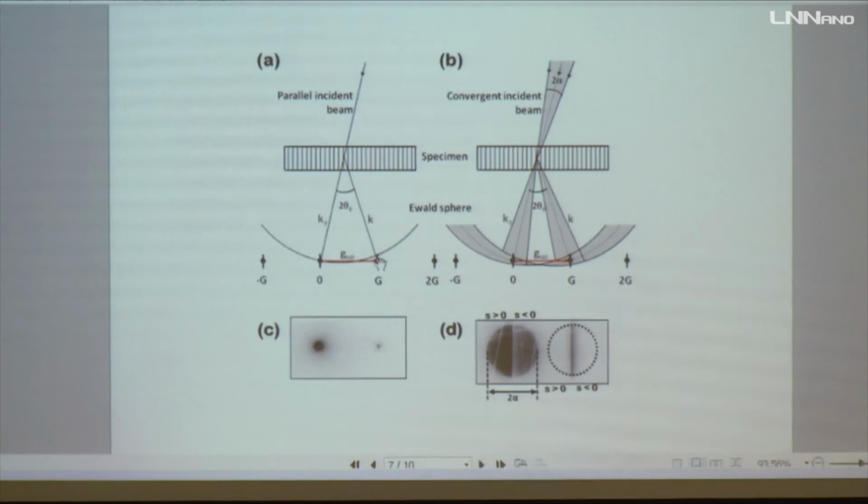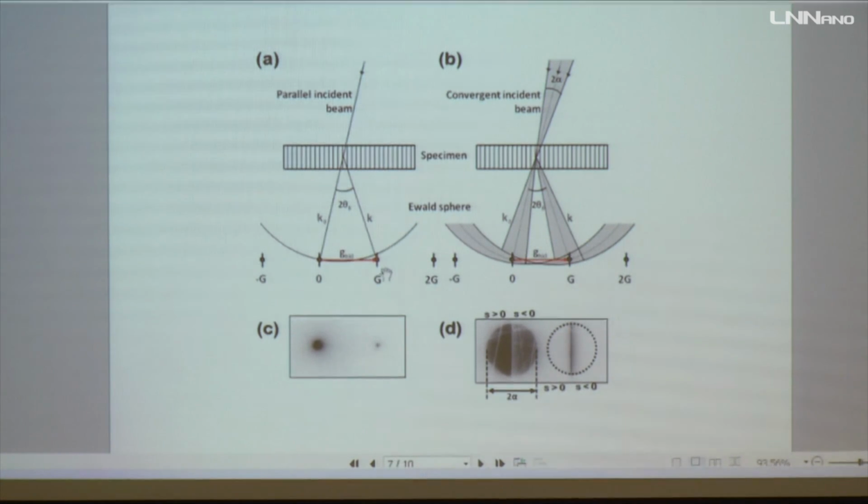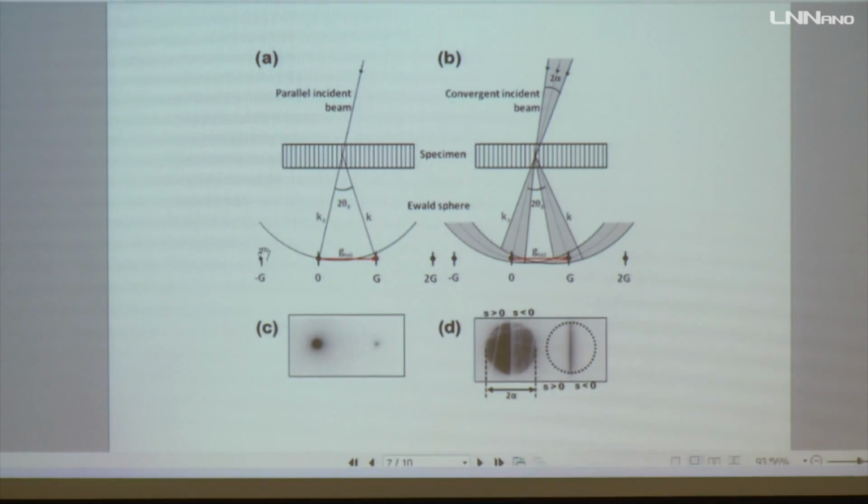The reason is, if you consider X-ray diffraction, if the Ewald sphere is away from the reciprocal lattice point, you don't get any signal. However, it's not the case in electron diffraction, because this lattice point, you see here, has a small line. That is because of the electron diffraction.